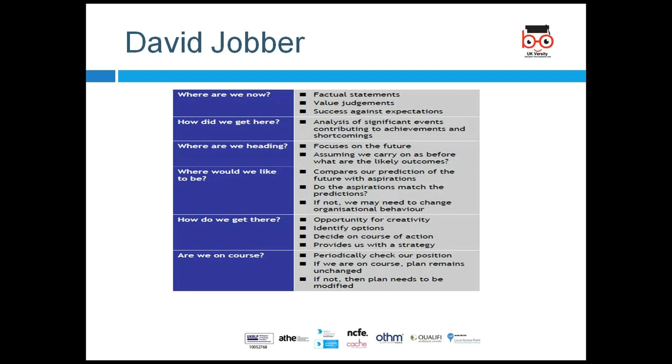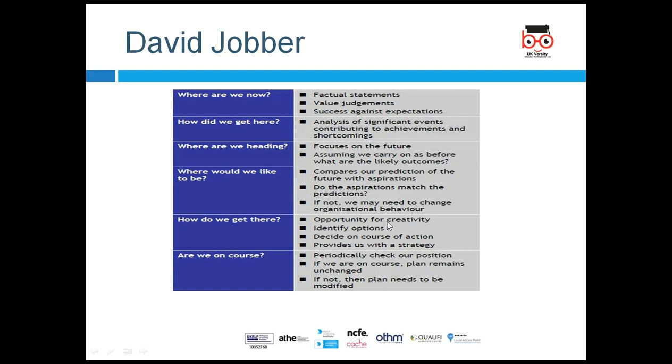What are the likely outcomes, and compare predictions of the future with aspirations. Do the aspirations match the prediction? If not, we may need to change organization behavior. And how do we get there? Opportunities for creativity. We need to think about creative accounting, not accounting creatively. What do you think about creative accounting?